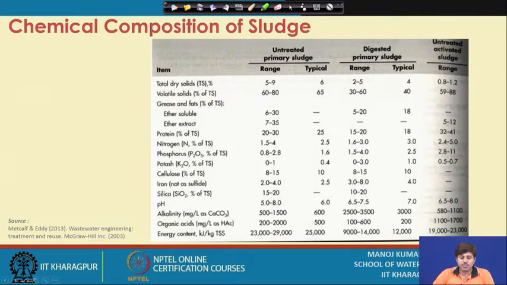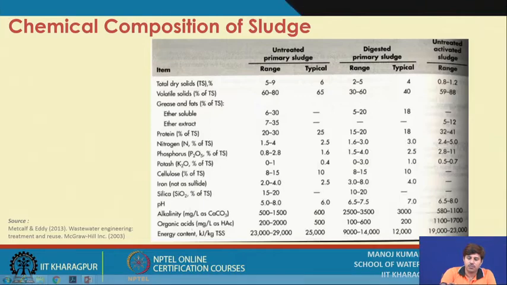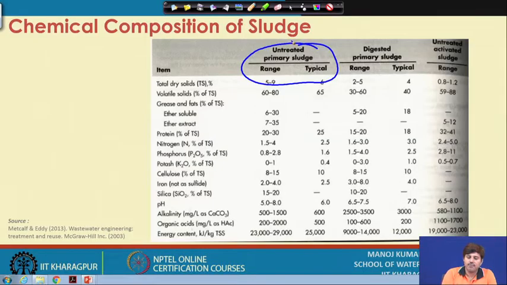If we see the chemical composition of sludge, it would again depend on which sludge we are talking about. Untreated primary sludge will have total solids of the order of 5 to 6%, the typical value is 6%. Okay. The volatile solids is 65%. The grease and fat is typically very little. Okay. The protein is almost 25% of the total solids, then nitrogen, phosphorus, potash.